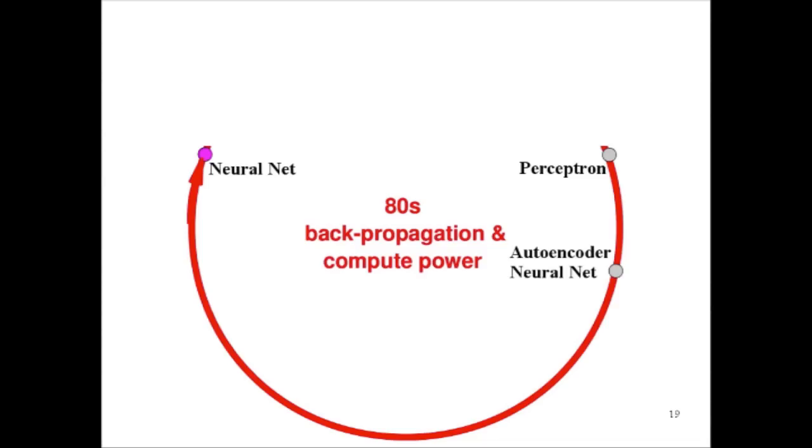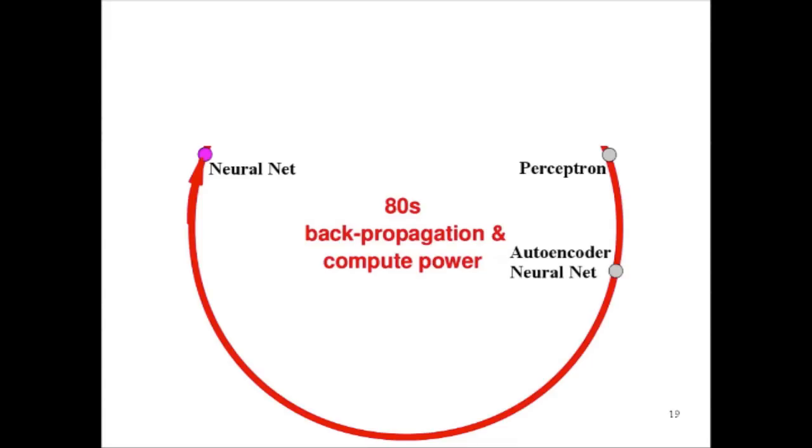The field came back to life in the 80s with two big things. One is the use of modern computers to train neural nets. The second is backpropagation, which is basically the algorithm that we still use today to train multi-layer neural networks. That made a big difference.